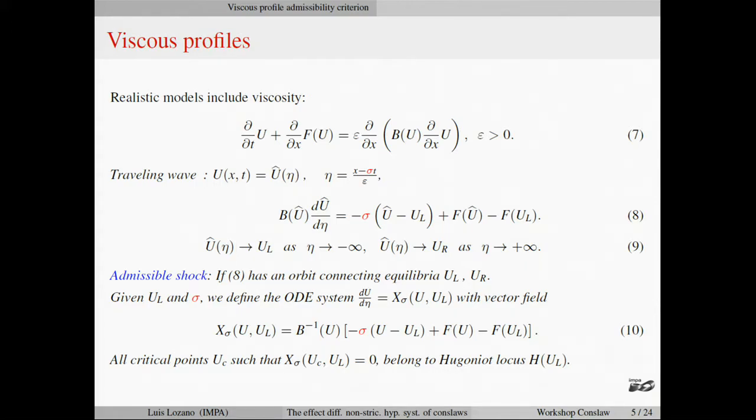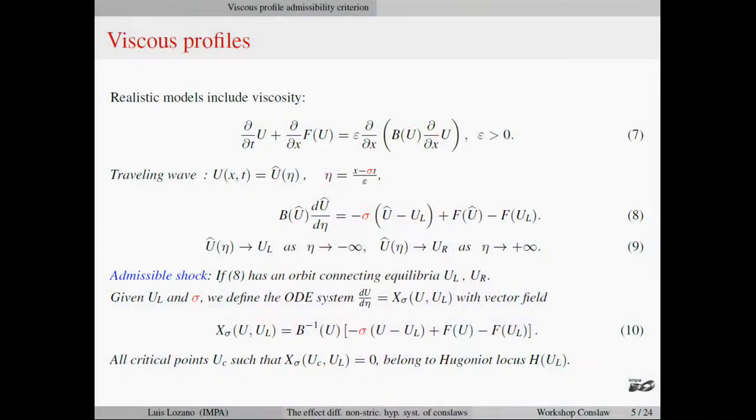We are interested in solving the problem and obtaining physically correct solutions, and for this you need to adopt an admissibility criterion. We use a viscous profile. We study the traveling wave solution of this parabolic PDE, and if you substitute it in the expression, you obtain this ODE, with conditions that satisfy condition 9.